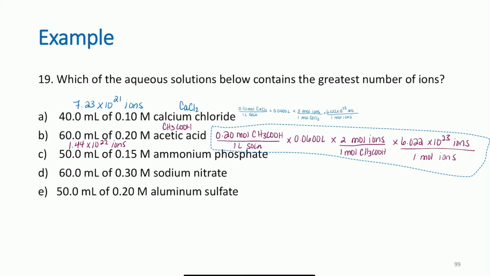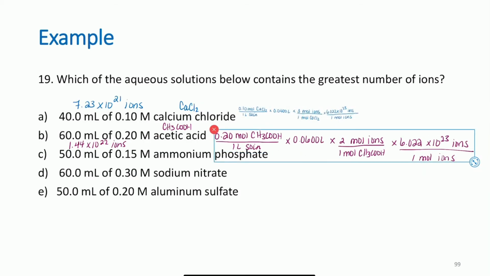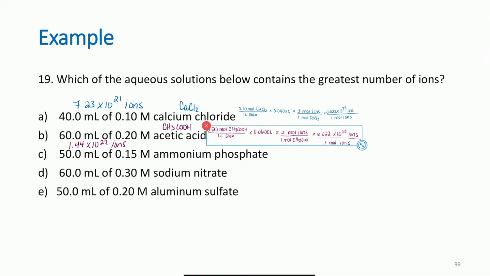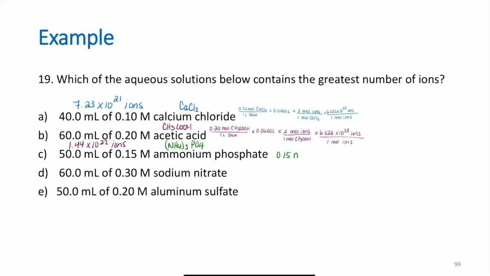And let's continue this process. Is there a faster way to do it? Not really, because I have different concentrations and different volumes of each one. Ammonium phosphate, (NH4)3PO4. 0.15 molar is 0.15 moles of ammonium phosphate to 1 liter.